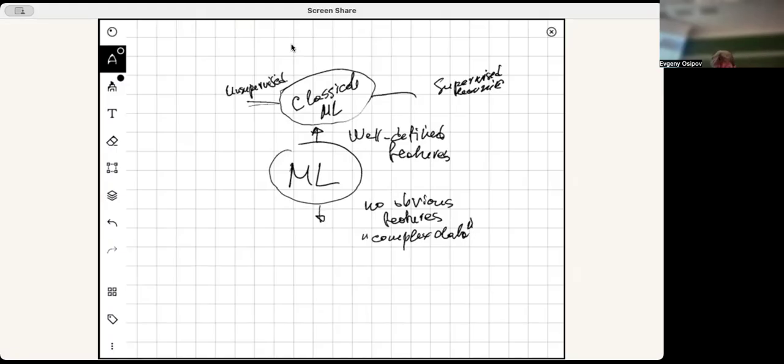Unsupervised. Supervised is when you have ground truth about the phenomena that you try to learn, versus unsupervised, where you have no idea what the data is and you try to figure out the internal structure of it. So here in the supervised branch, you have tasks like classification.